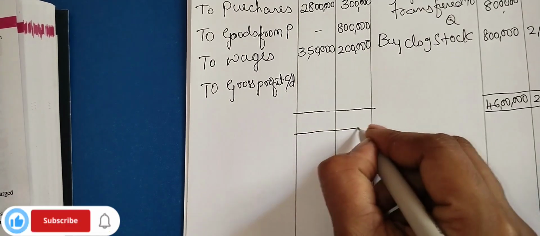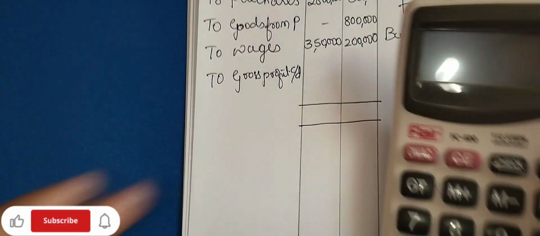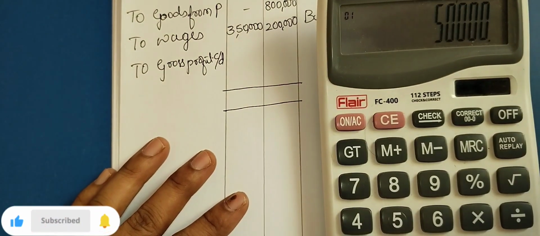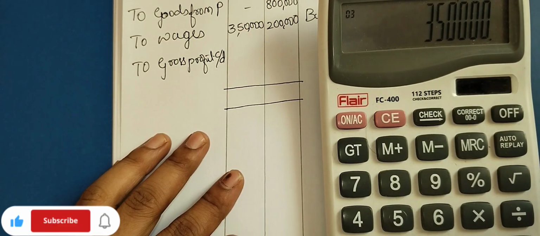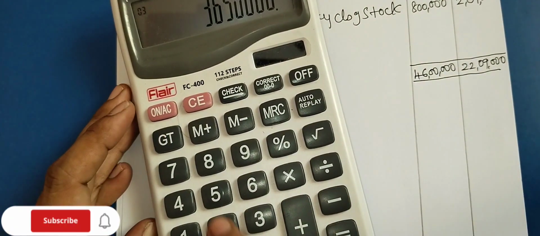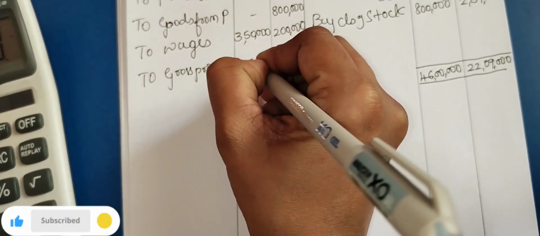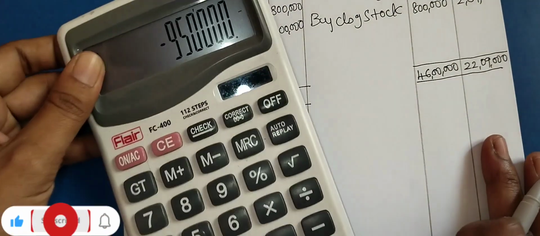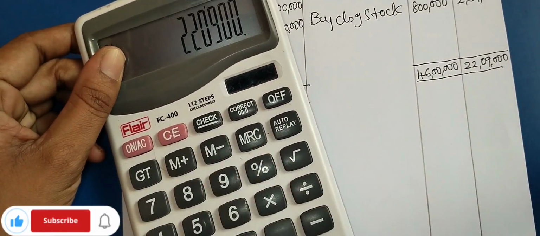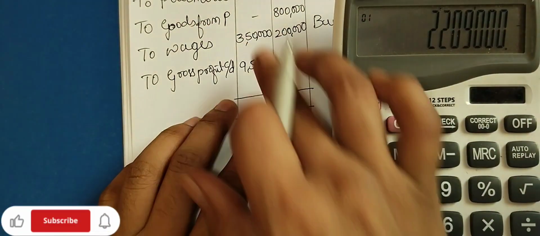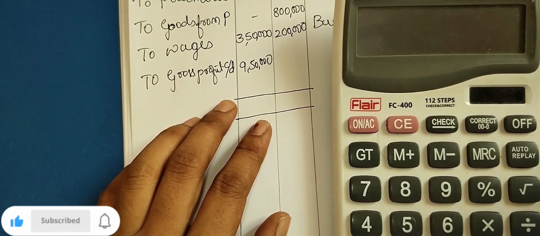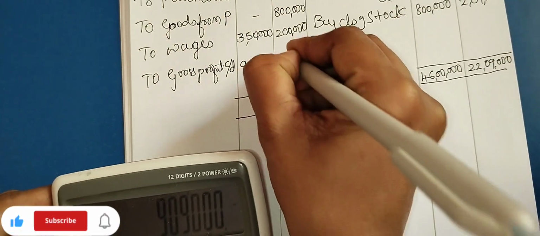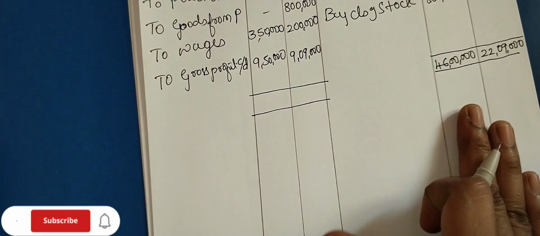Now let us calculate the balancing figure of gross profit. 5 lakh plus 28 lakh plus 3 lakh 50,000, from this minus 46 lakh, gives 9 lakh 50,000 for department P. For department Q, from 22 lakh 9,000 minus 10 lakh minus 3 lakh, gives 9 lakh 9,000.